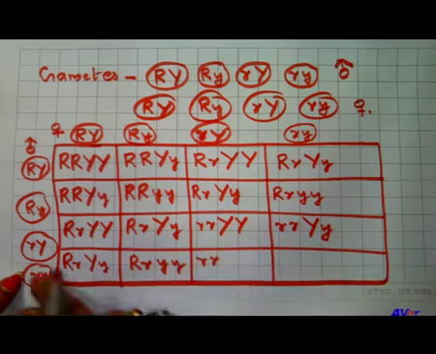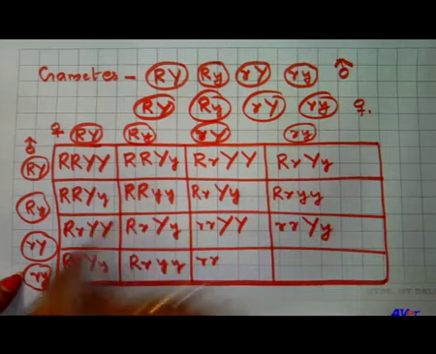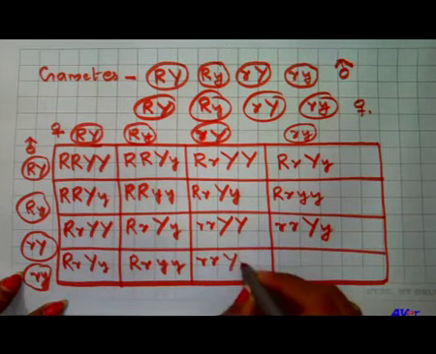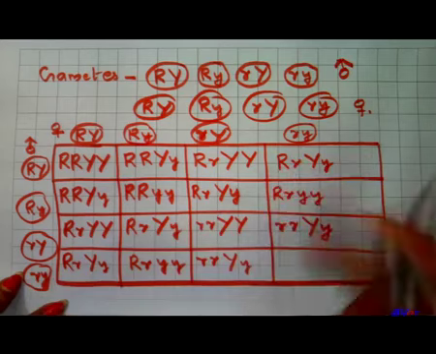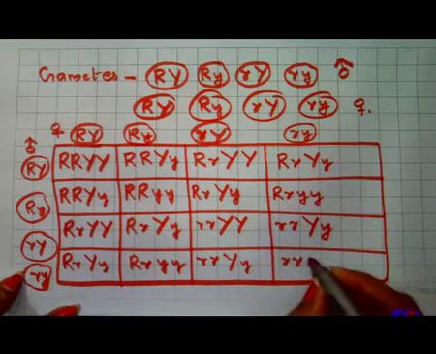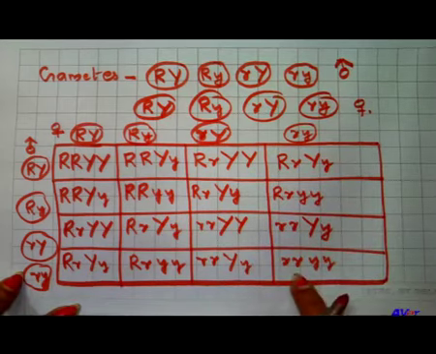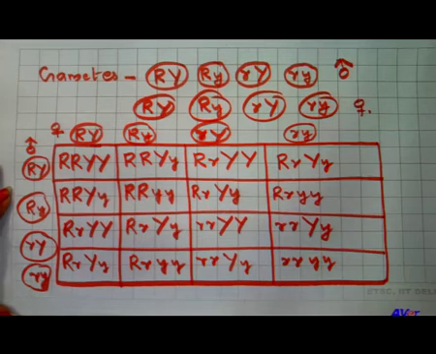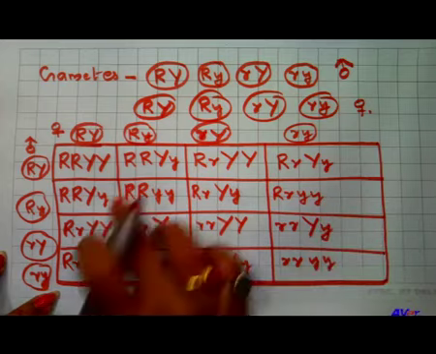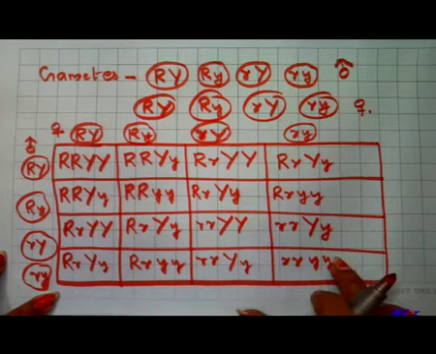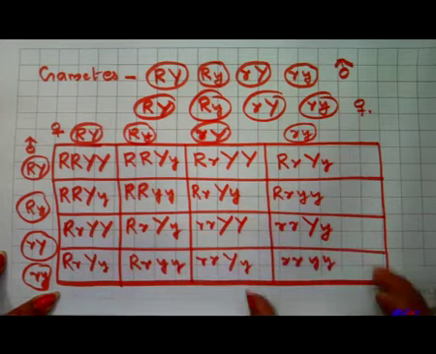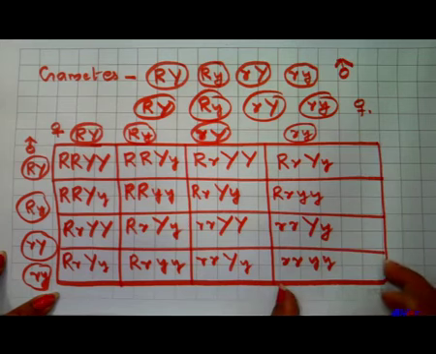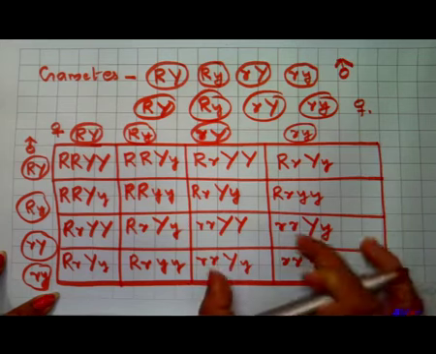This is small r and capital Y, small y. This will be double recessive, small r, small r, small y, small y. So, when you are observing this F2 Punnett square, you can see 16 different genetic combinations here, 16 progenies with 16 different genotypes.